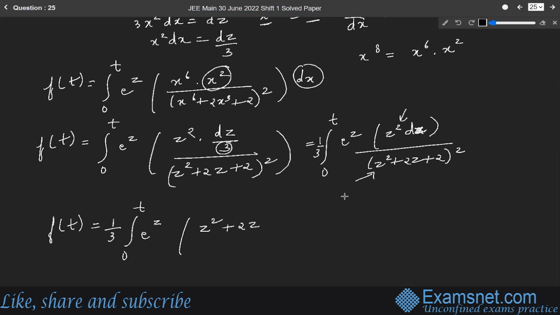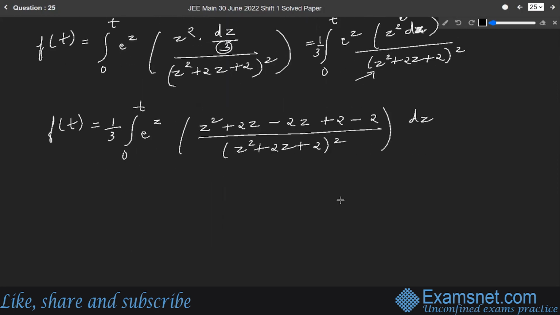If we are adding 2z, then we should also subtract it to balance it. And let us add 2. If we are adding 2, then we also have to subtract it, right? Now the denominator will be same, z² plus 2z plus 2 whole square, right? And we have dz.